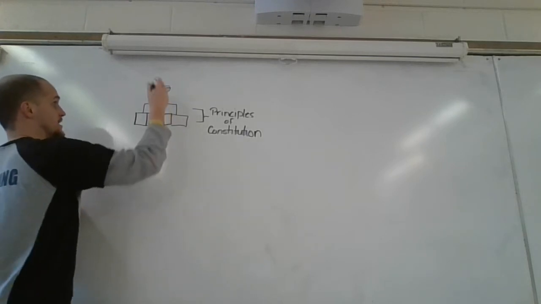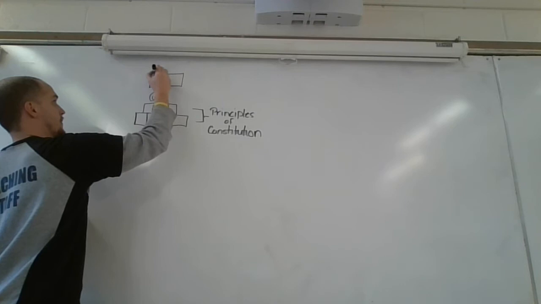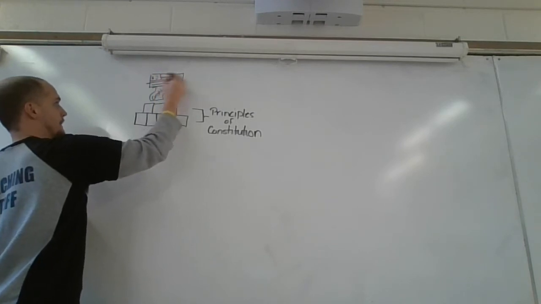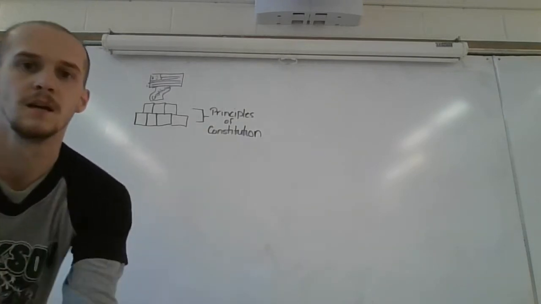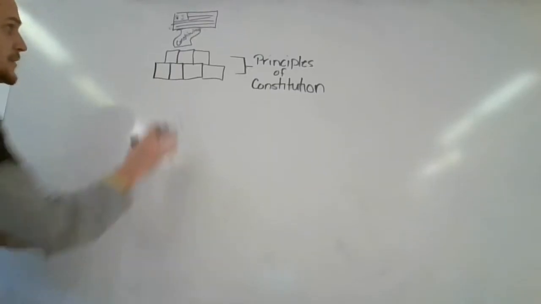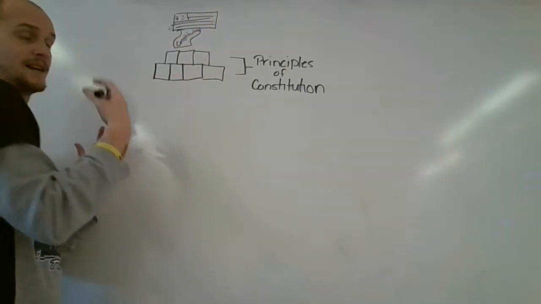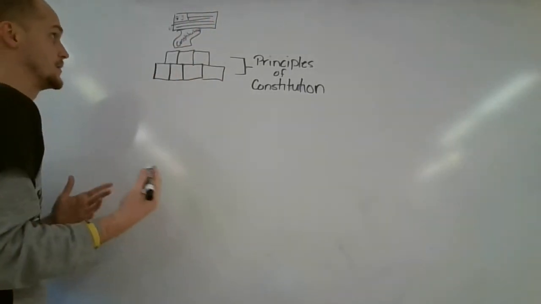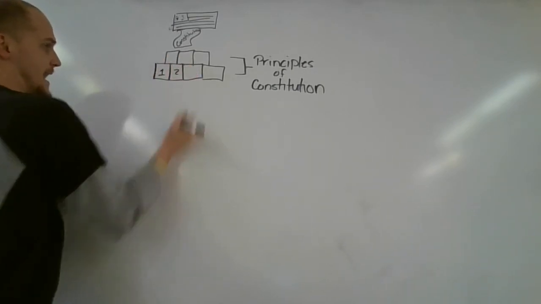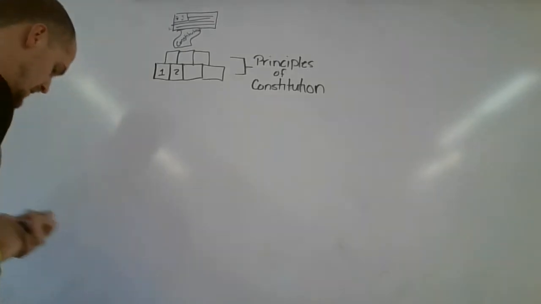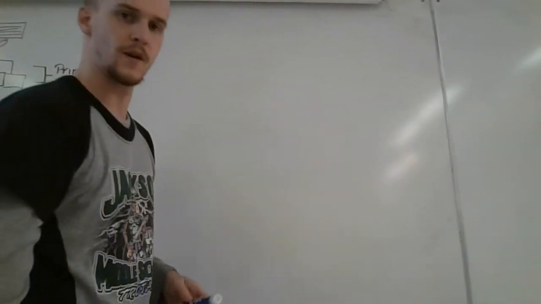It's kind of the foundation for the Constitution, which is what the foundation of the United States is. So you have the building blocks, which are the foundation that the Constitution sits on, and the U.S. government kind of rests on the Constitution itself. So today we're looking at principles 1 and 2 of the Constitution. All right. Principle 1.